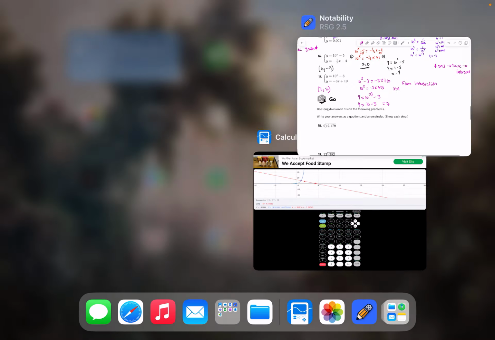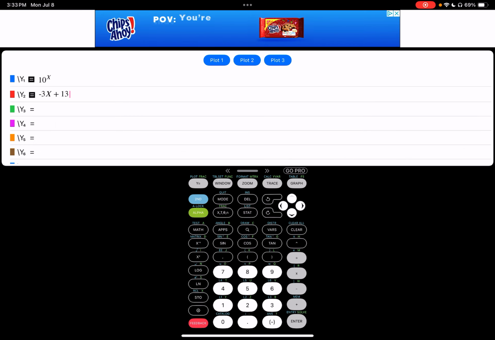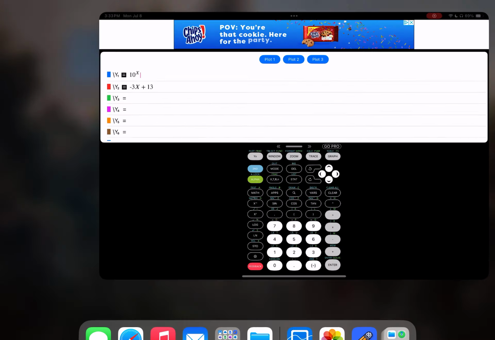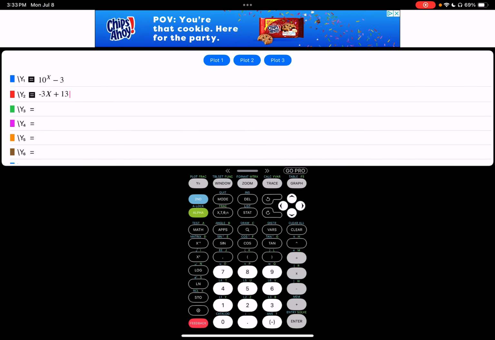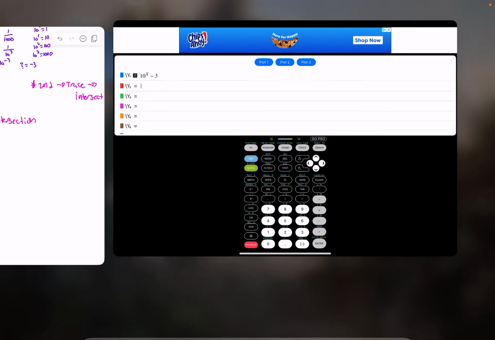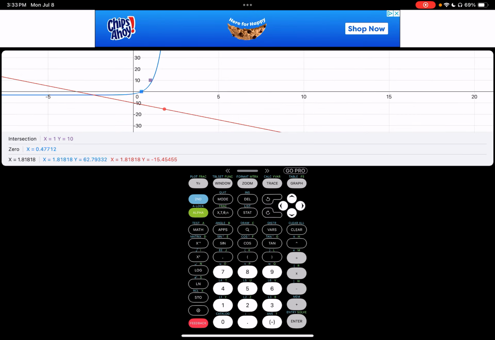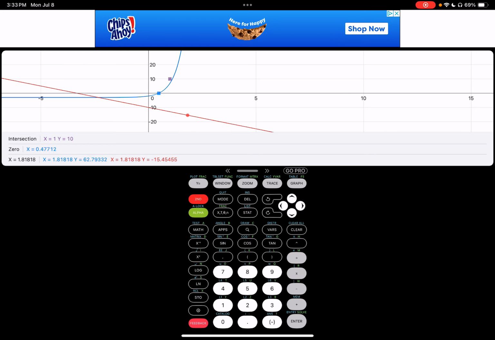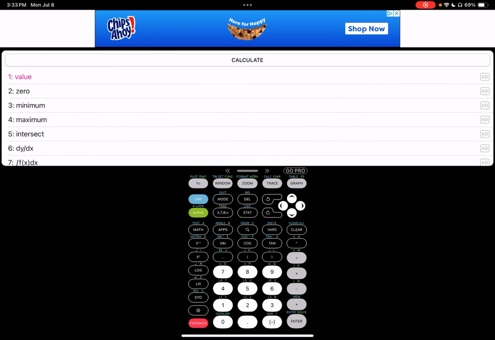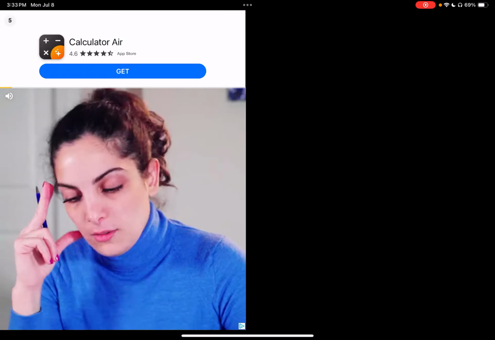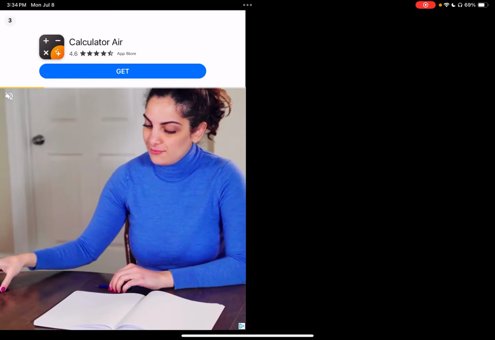Now, just to show it, let's go ahead and graph this entirely: 10 to the power of x minus 3, and then negative 3x, oops, I keep forgetting, it's plus 10. Then let's go to second calculate, intersect. Calculator error, oh my goodness, I apologize.